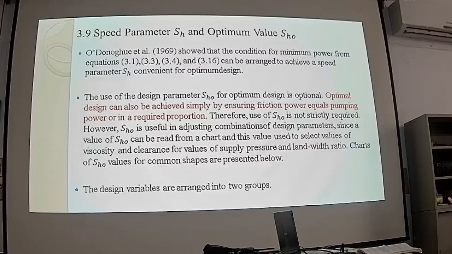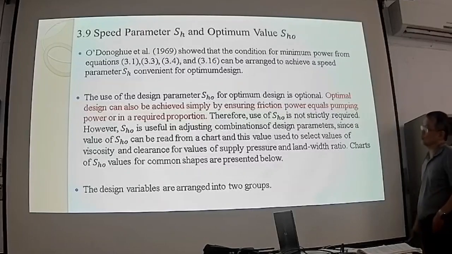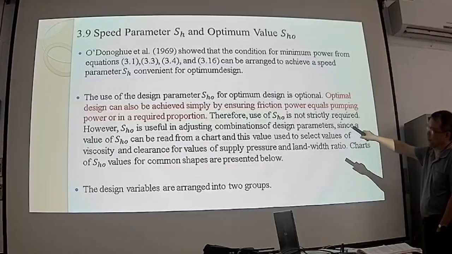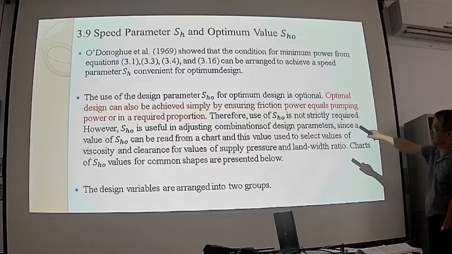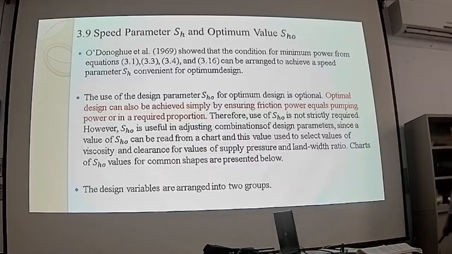The use of a speed parameter here is optional. And the optimal design can be achieved by simply using the friction power equal to the pumping power. In this case, we can obtain the optimum speed parameter, SHO.